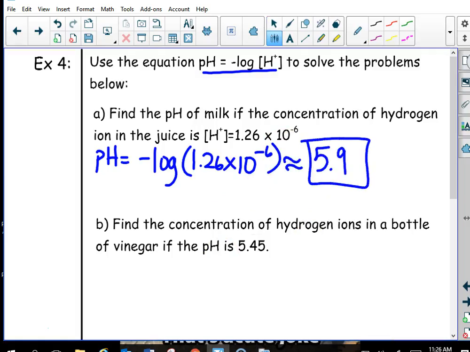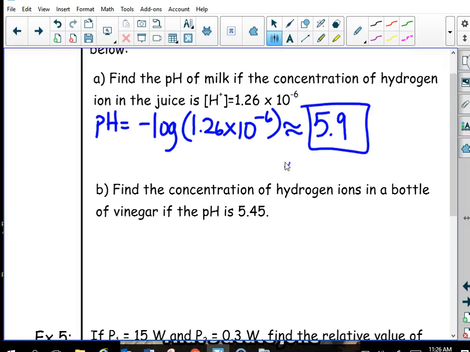All right, other side of this is find the concentration of hydrogen ions in a bottle of vinegar if the pH is 5.45. So we're going to use our formula, but the number we're substituting is the pH. Okay, so now we're solving for the thing that's inside that log. First thing I'm going to do is move that negative over.